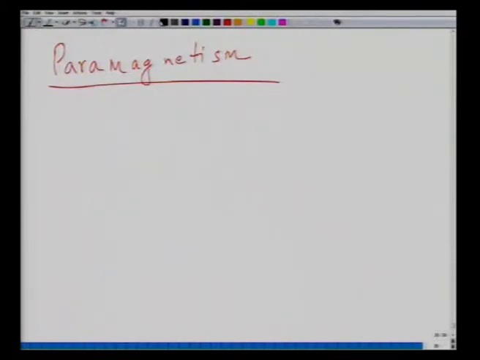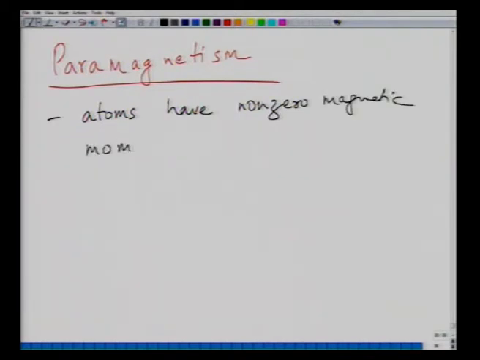Some essential features of these materials: atoms have a non-zero magnetic moment. This non-zero magnetic moment can be a sum of orbital and spin magnetic moment, but still the susceptibilities of these materials are very small.